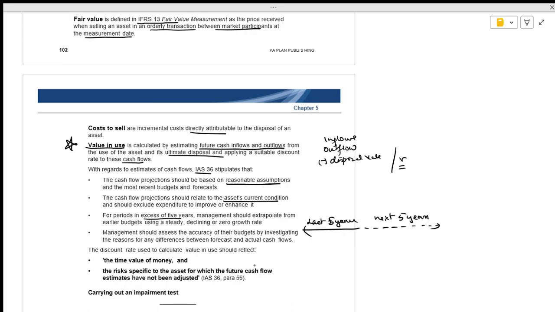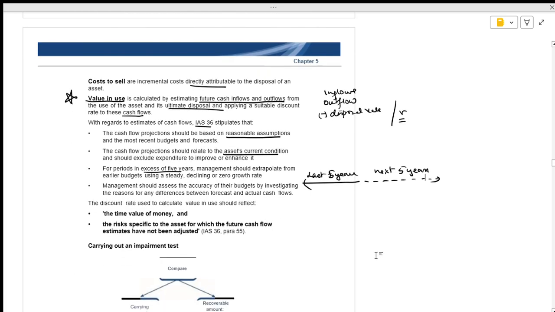Now the discount rate, and how we have to use it. Discount rate is nothing but the time value and the risk specific to the asset. See, every asset will have a different discount rate. Cars will have a different discount rate. IT products will have different discount rates.